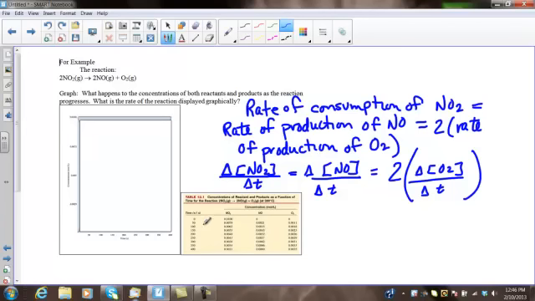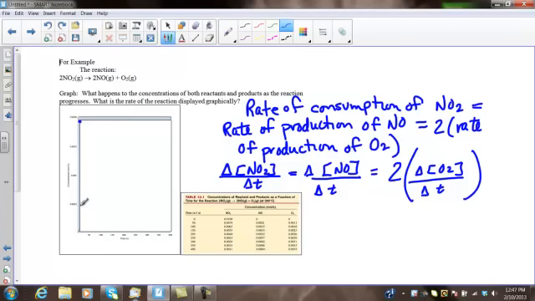So let's plot all 3 lines. Let's start with NO2. We know that at time 0 the concentration of NO2 is 0.01, which is way up here. And we also know that at time 400 the concentration of NO2 is 0.0031.